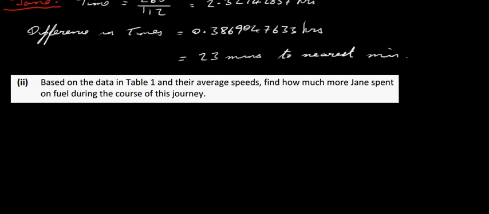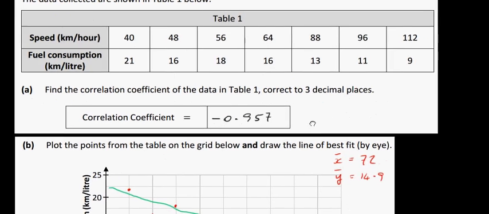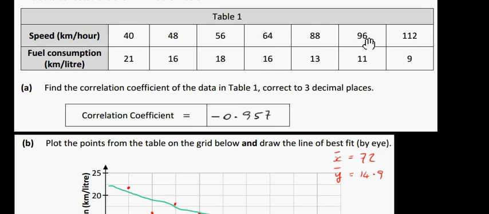So let's again look at Mary's journey first. Mary's speed was 96 kilometers per hour. Now if you go back to the table, you'll see she was doing 96 kilometers per hour, which means her fuel consumption is 11 kilometers per litre.